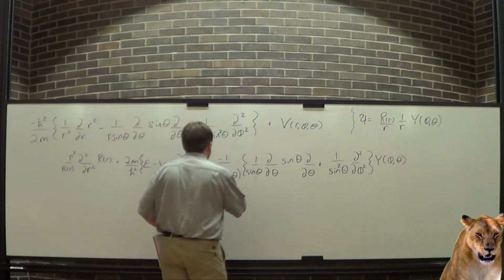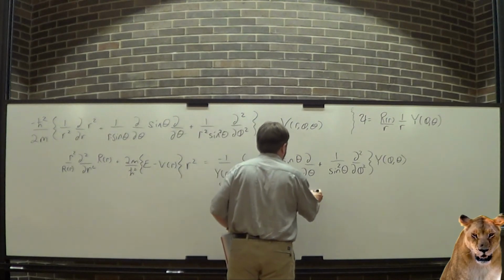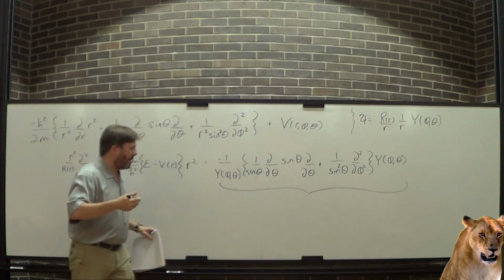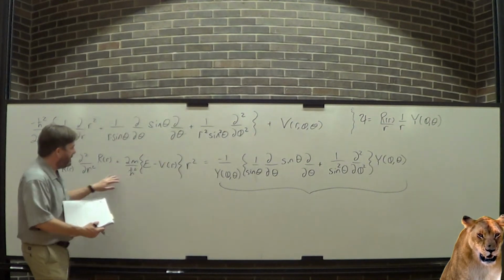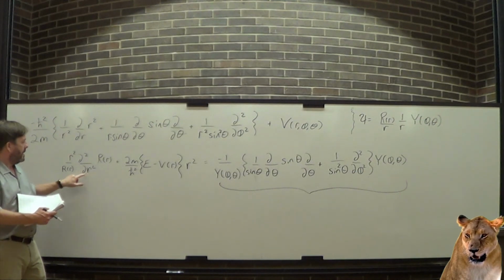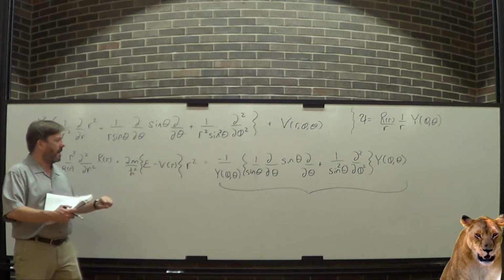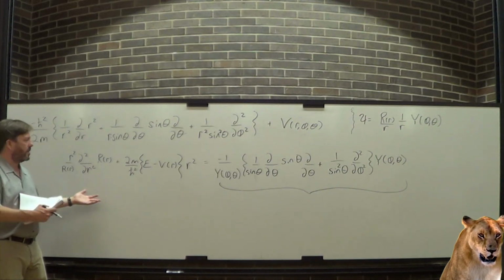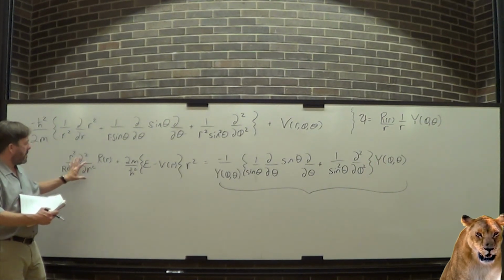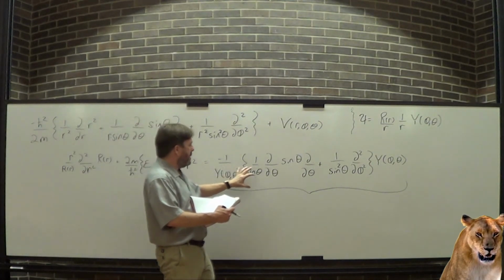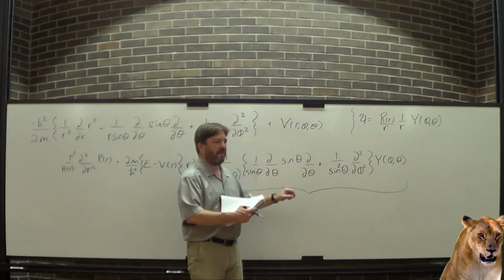Okay, so now what? Now we've separated everything, and it turns out that we did go to our math friend. Remember that these have to be constants. Each one is equal to a constant because I've got a bunch of r's, a bunch of thetas and phis. It's a differential equation, and remember the idea here is that a change in r can't be matched by a change in theta or phi.